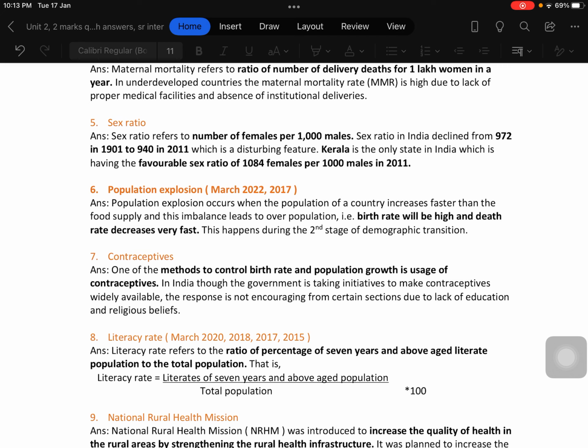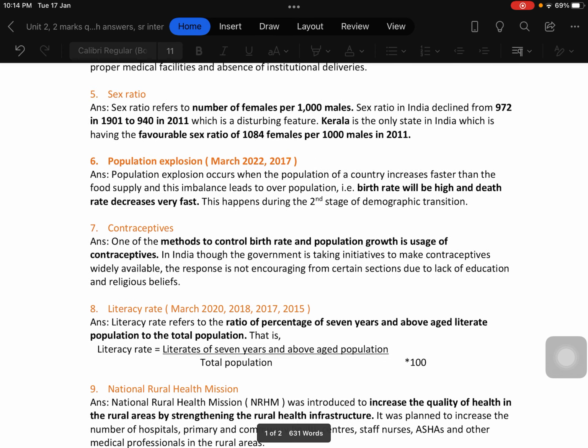Certain sections, especially in the rural area, are not aware of the problems of overpopulation, and also because of outdated religious beliefs, they are not cooperating with the government, even though the government is making the contraceptives widely available, including the rural areas. Okay, so contraceptives is one of the main methods to control the growth rate of population and the birth rate in the family or in a country.